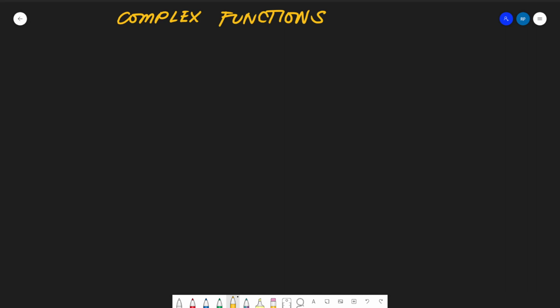When we say complex function, ang definition of complex functions are, these are functions of complex variable z.